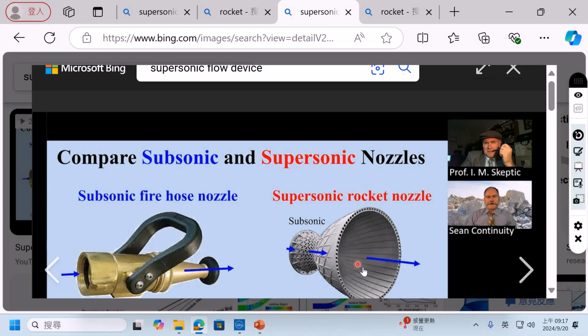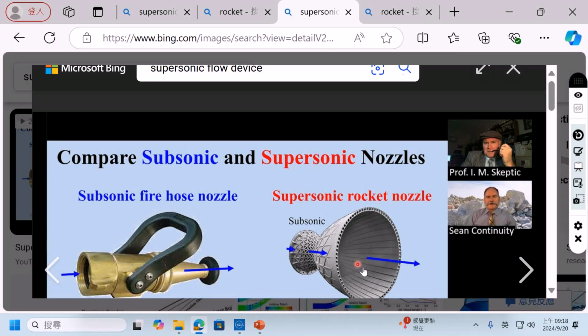Let me explain this. You actually have a device in this way, and then in this way. And at the narrowest part, the flow reaches the sonic speed.